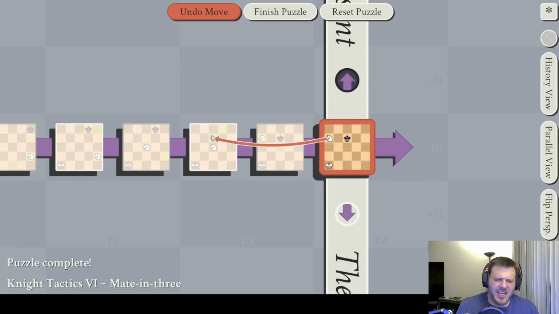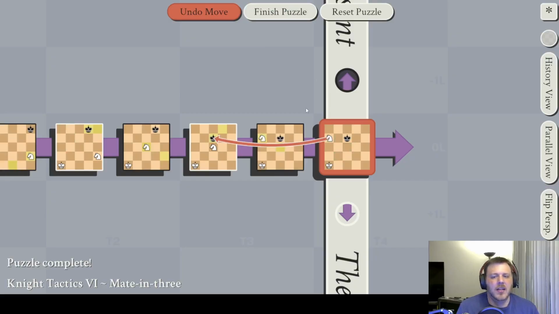I don't know that that was forced, though. But basically, as long as you can get your knight within 2 spaces of the king's position, and they can't attack it, then it's game over. Okay. So that's the goal.